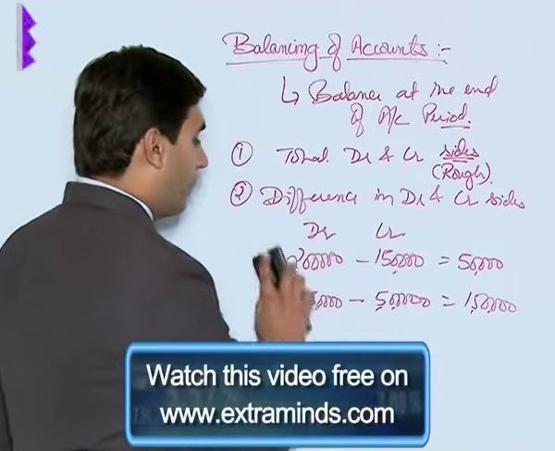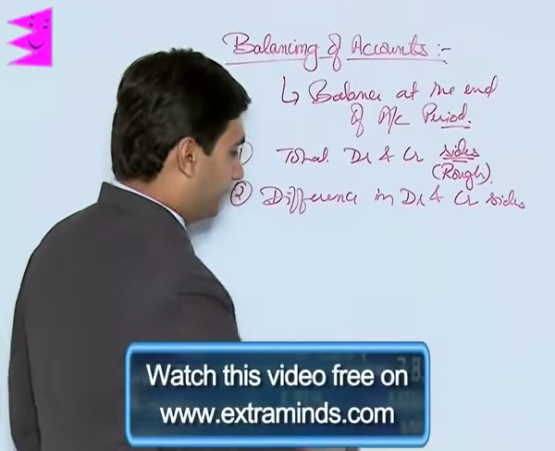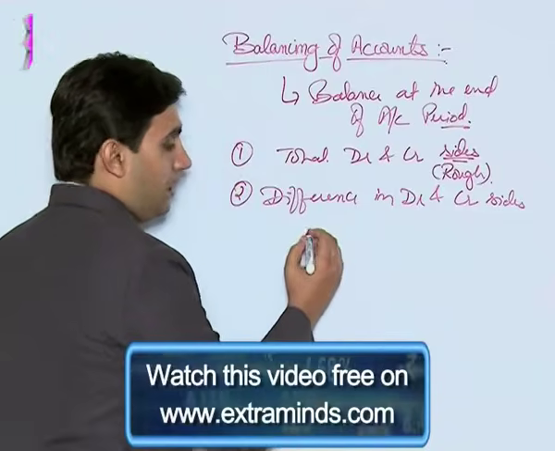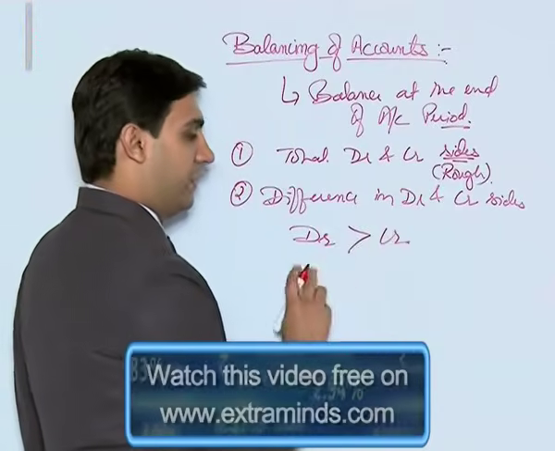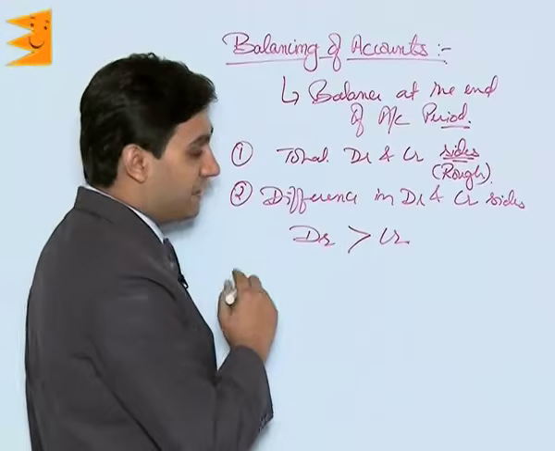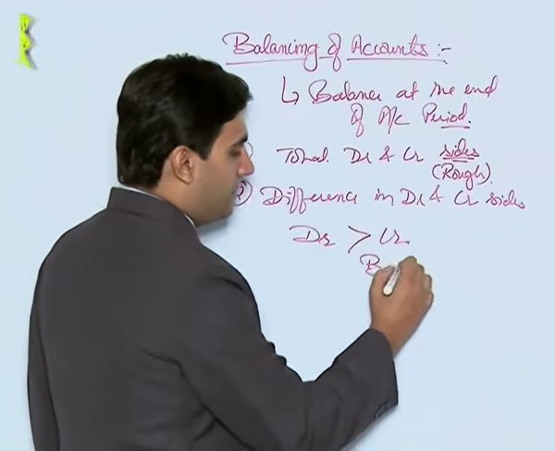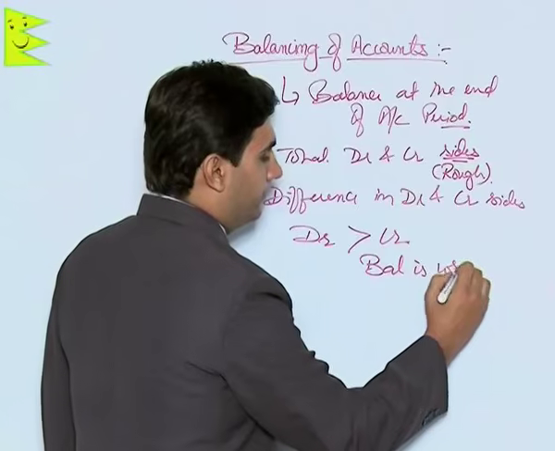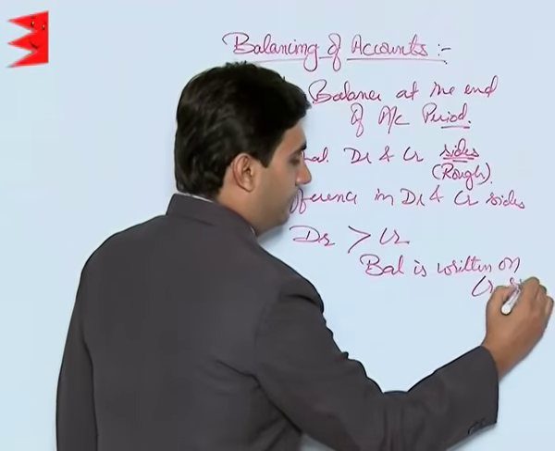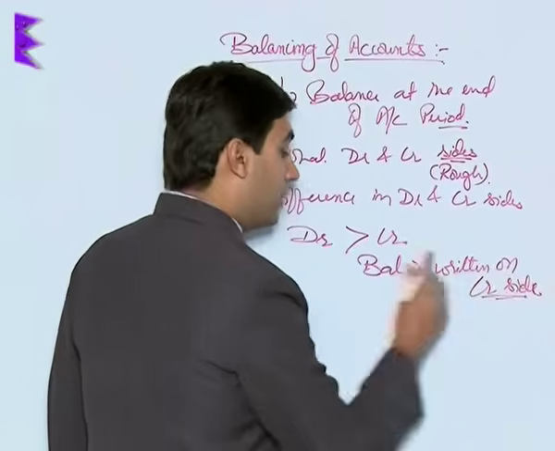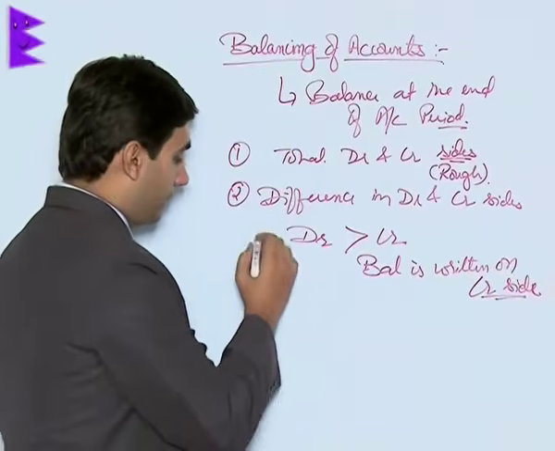Now students, once we have found out the differences, then try and analyze whether the debit side is greater than the credit side. If the debit side is greater than the credit side, then the balance is written on the credit side. That is the smaller of the two sides.